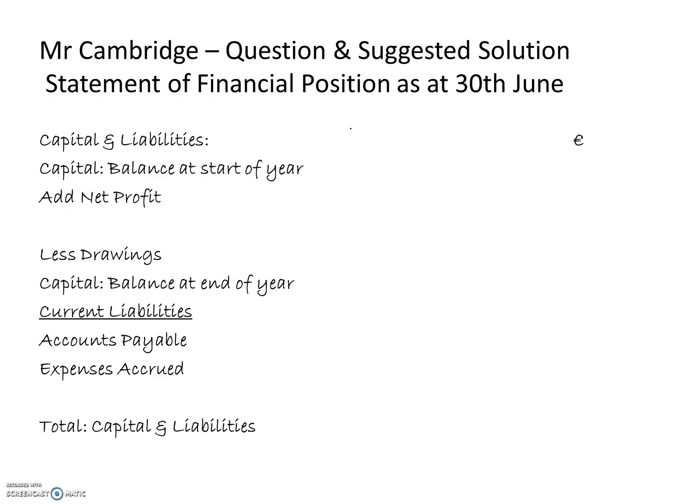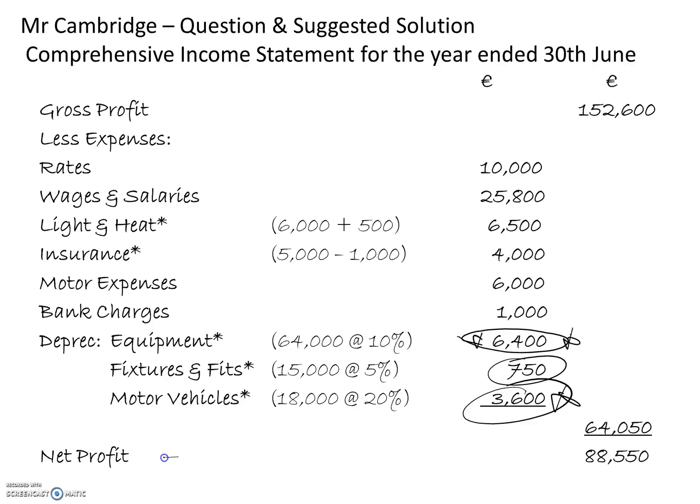So back up here, I'm going to look at the capital at the start of the year, which I've already mentioned is 100,000. I'm going to add in my net profit figure. So let me just have a look at that. There's the net profit figure that we calculated in the income statement, 88,550.